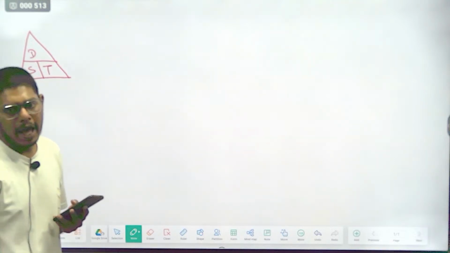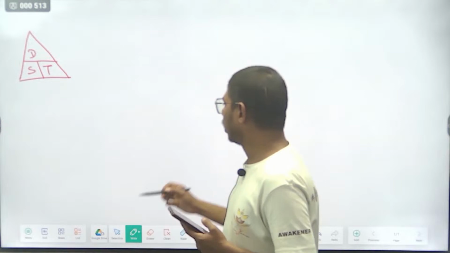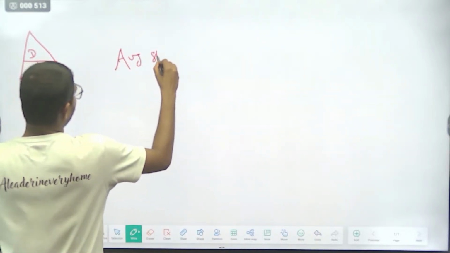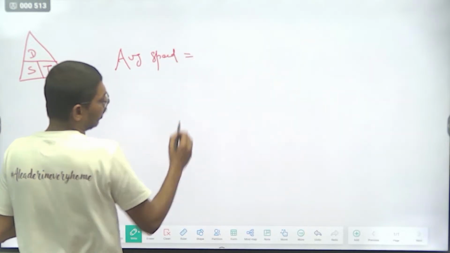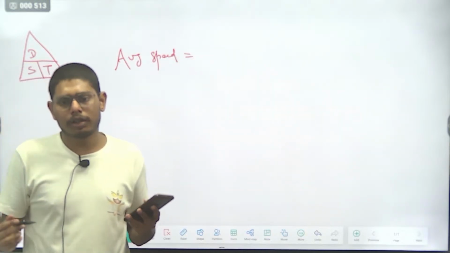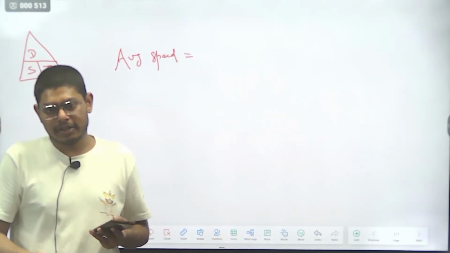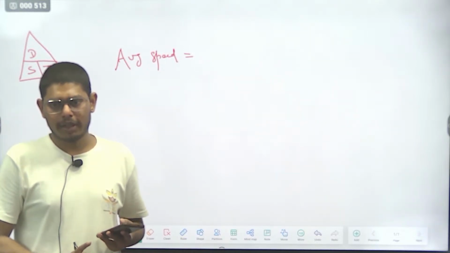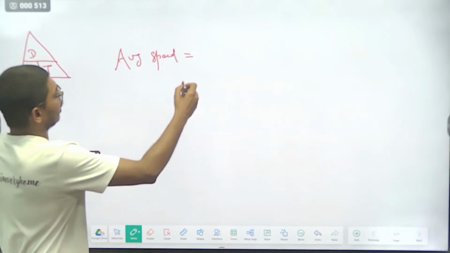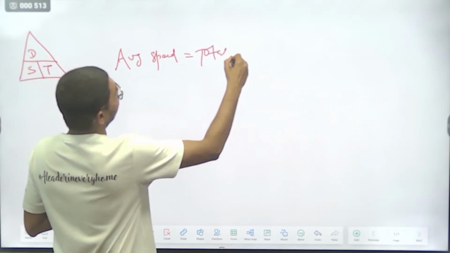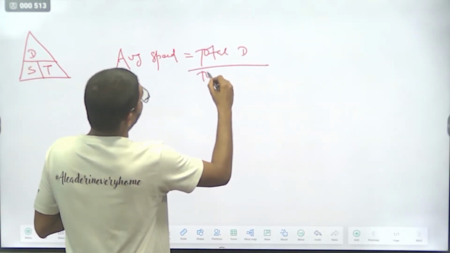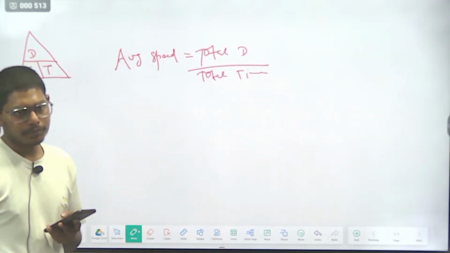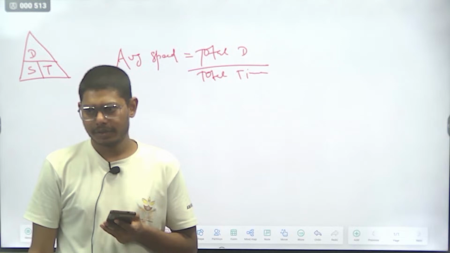Average speed does not mean the average of distance divided by average of time, no, that's idiotic. Total distance by total time. This is your average speed.